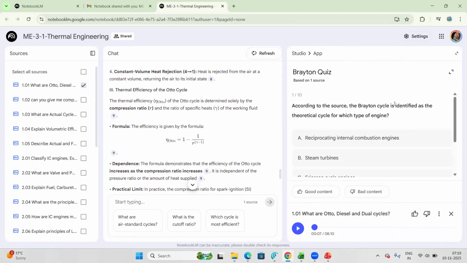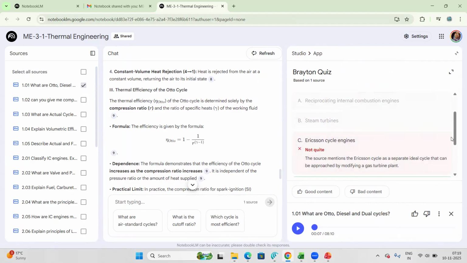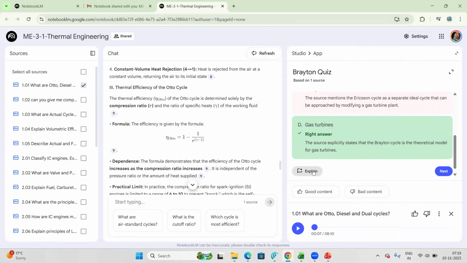According to the source, why is the cycle identified as a theoretical cycle? You can give any of the answers here. If it is wrong, it will tell you why it is wrong and what the right answer is. And if you click on that, you can go directly to that particular answer as well.